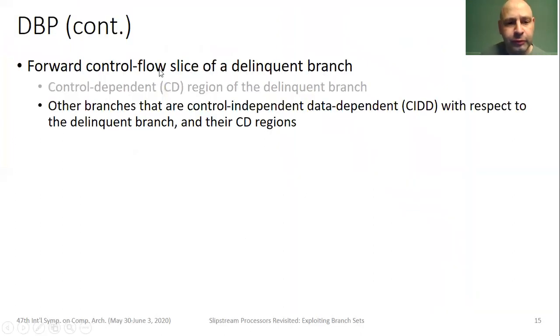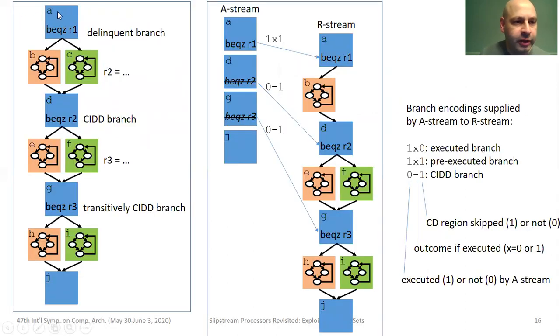Now, the forward control flow slice may include some additional stuff, namely other branches that are control independent and data dependent, or CIDD, with respect to the delinquent branch and their control dependent regions. Those are also in the forward control flow slice. Let me show that with a picture. So here we have another delinquent branch. In its control dependent region, we have a possible production of R2.